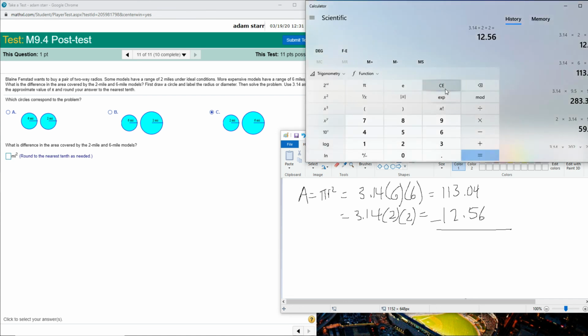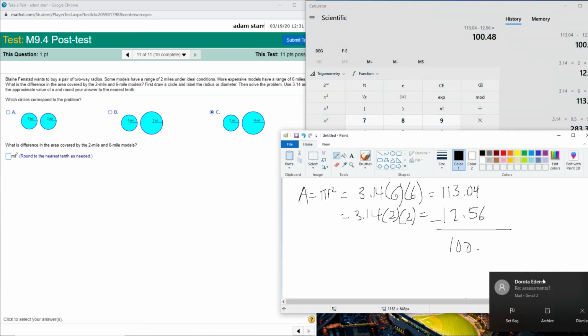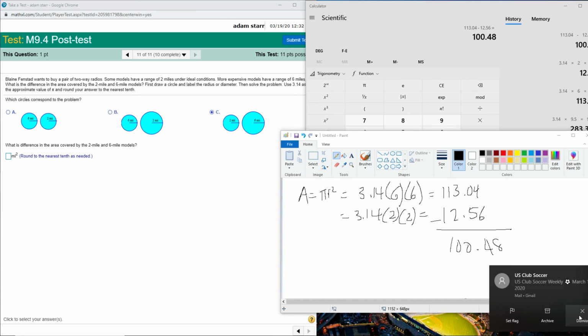So now I'm taking my first area, 113.04, and subtracting the second area 12.56, and I get 100.48.